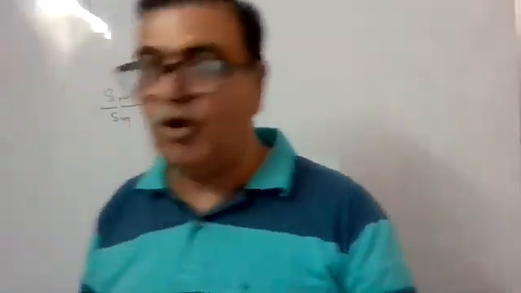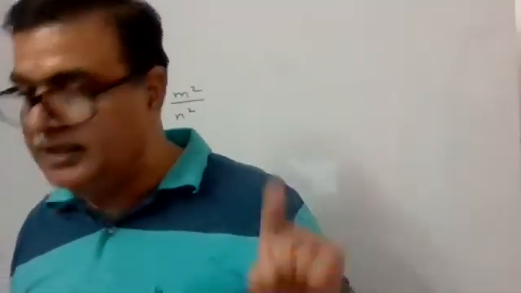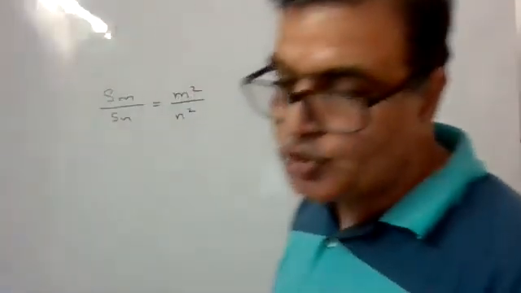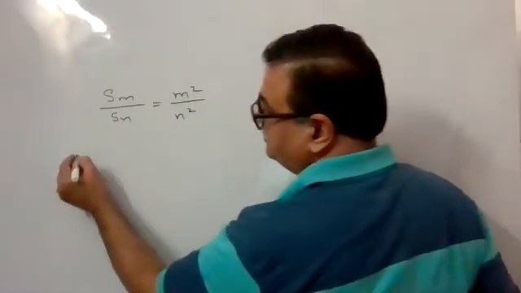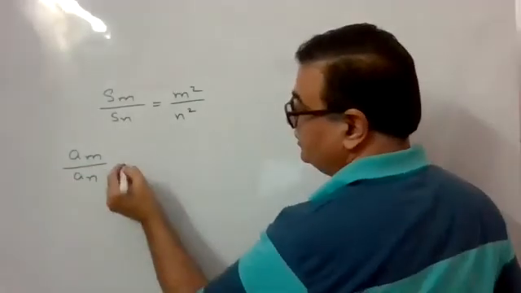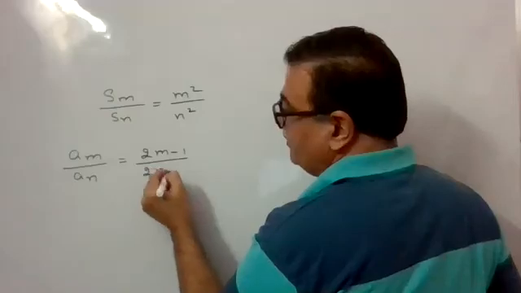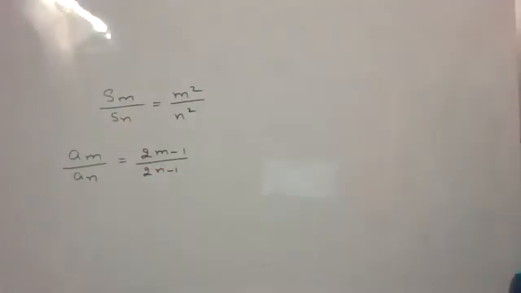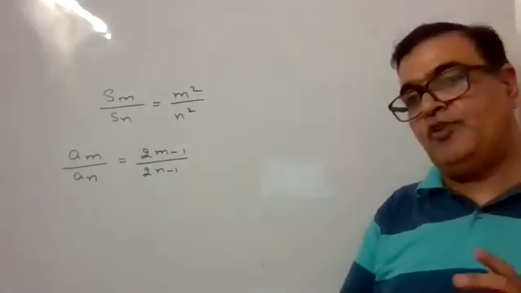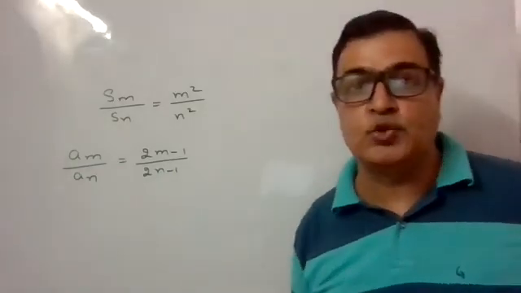The ratio of the sum of m and n terms of the same AP is m square ratio n square. Show that the ratio of the mth term to the nth term is equal to (2m minus 1) by (2n minus 1). This we have to prove.